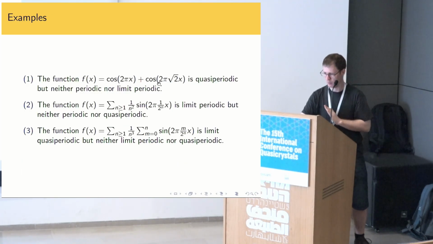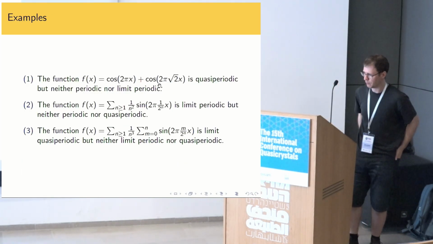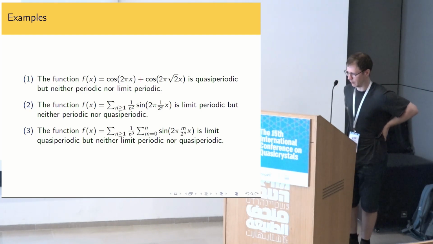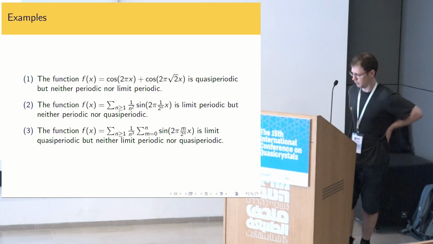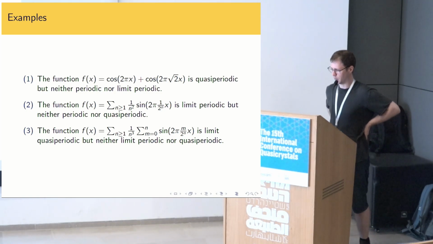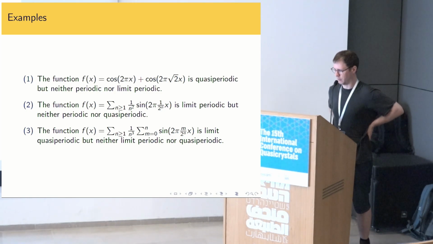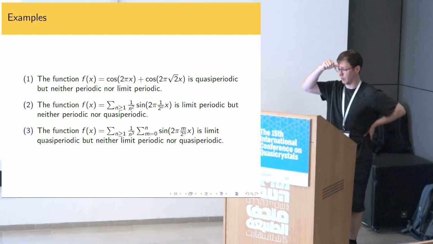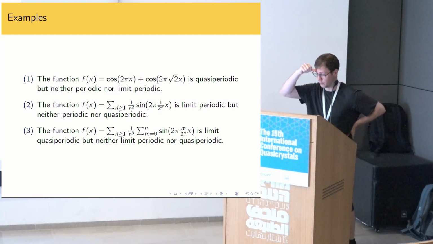Oops, sorry. And one last for this slide. One is missing. This one. F of x is the sum over all n at least 1 of 1 divided by n cubed, sum over m from 0 to n, sine of 2 pi m divided by 2 to the n x.